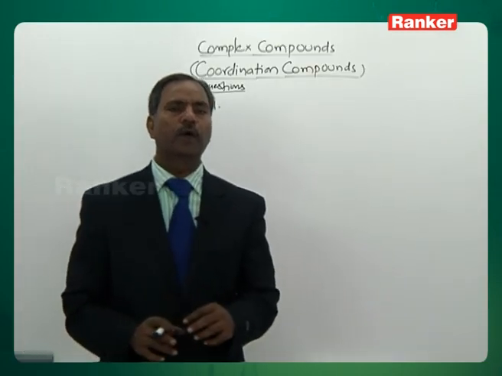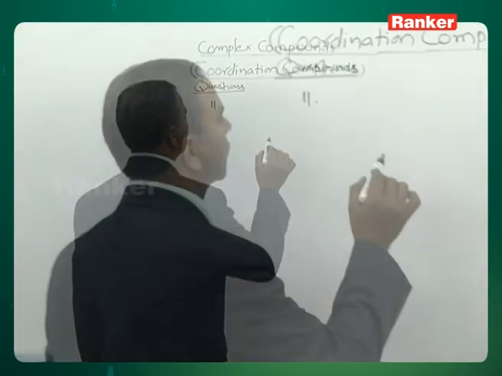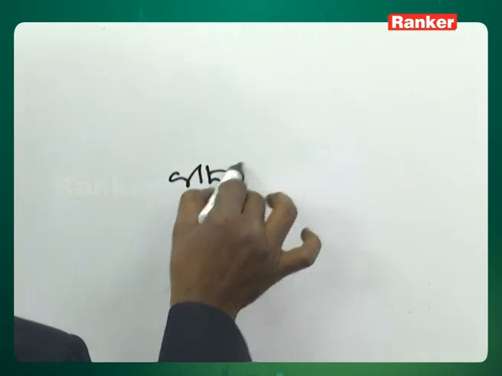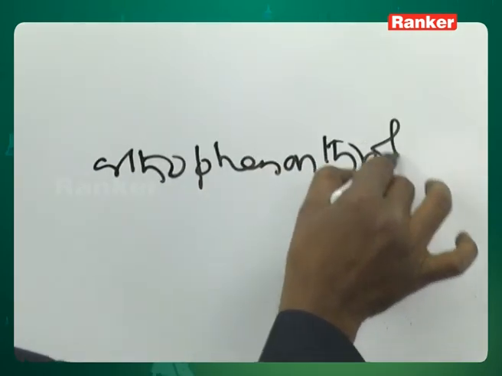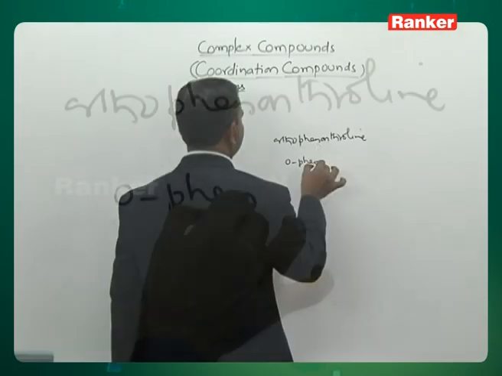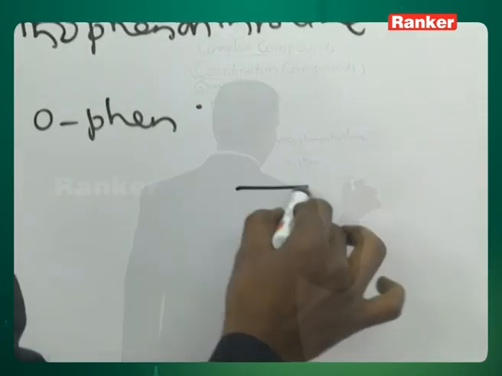First of all, you have to know what the phen ligand is. What is phen? Orthophenanthroline. This is what we call phen. Orthophenanthroline, phen. This particular structure you should know.